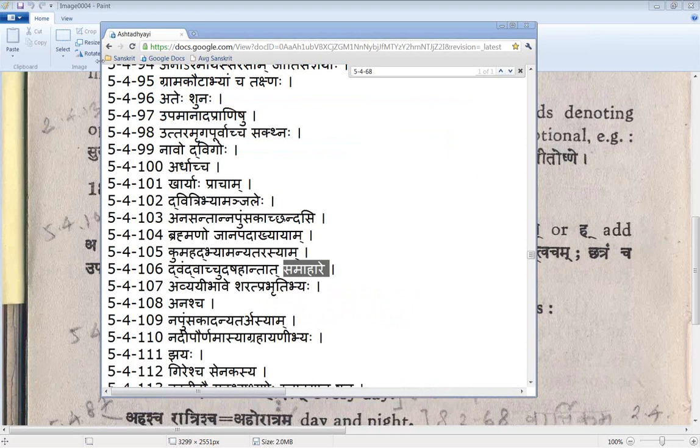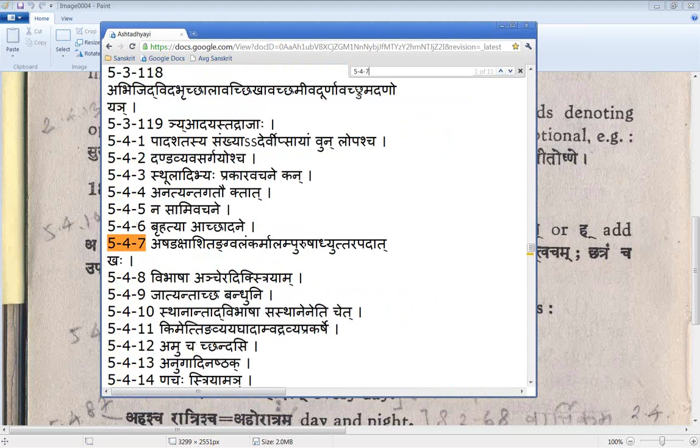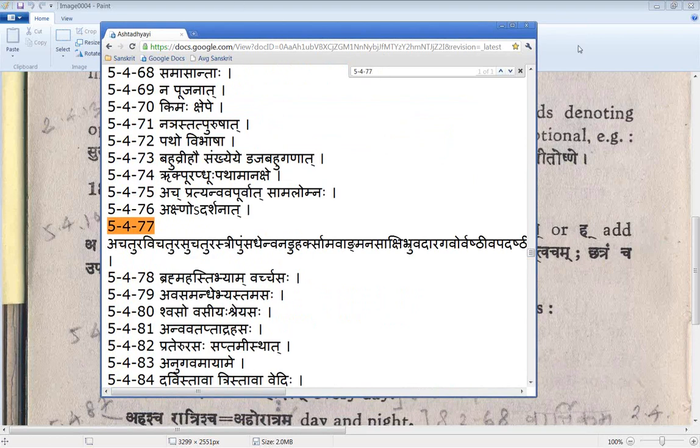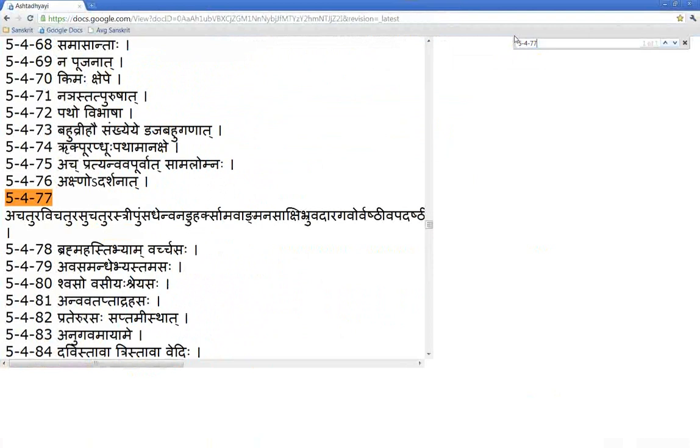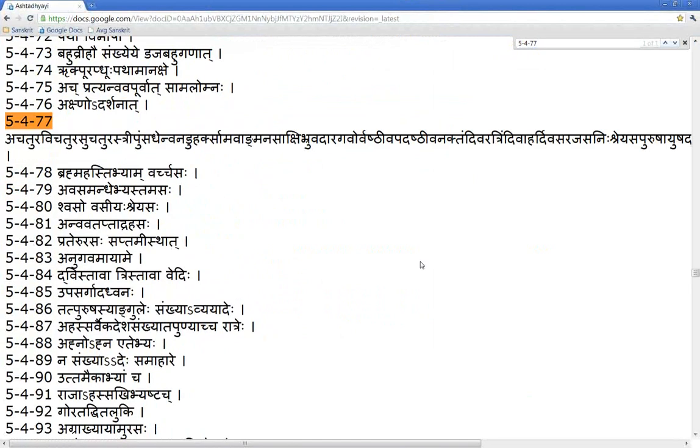There we see this long sutram which talks about many kinds of compounds: Achatura, Vichatura, Suchatura, Stri Pumsa, Dhenvanaduha, Riksama, Vangmanasa, Akshibhruva, Daragava, Urvashthiva, Padashthiva, Naptandiva, then Ratrindiva, Ahardiva, Sarajasa, Nishreyasa, Purushayusha.